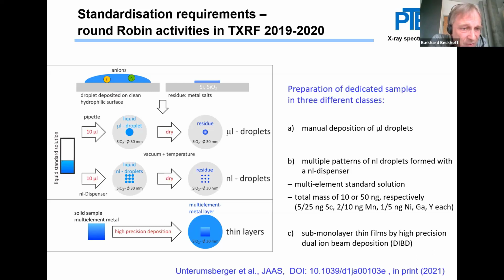And coming back to the start of my talk, multi-elemental metal layers, so sub-monolayers that do not show any spatial distribution of the matrix elements. And this is now in print, it's already online if you would like to get a copy of this paper.